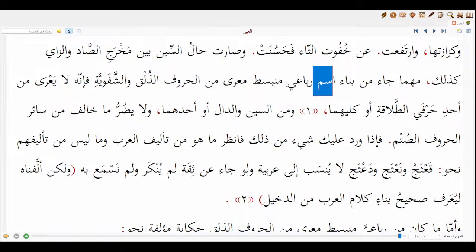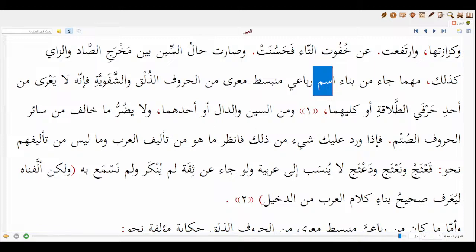It will either have one of them or both of them, which is the qaf and the ʿayn, and it will never be free from a sin or a dal, or one of them. ولا يضر ما خالف من سائر الحروف الصتم. And that which is opposing from the rest of the sutm letters, that should not be a problem.